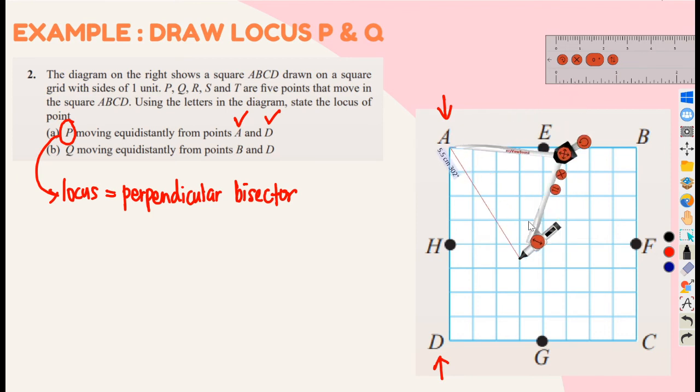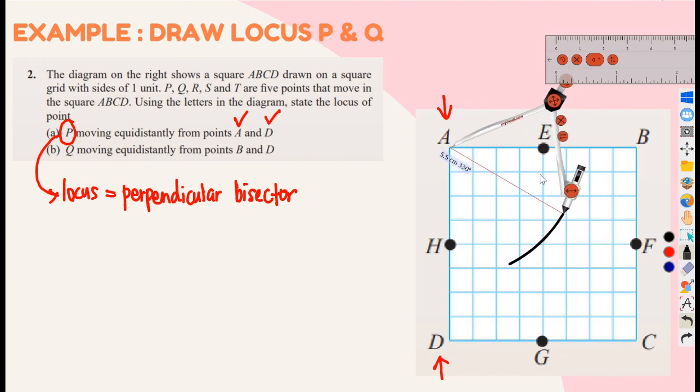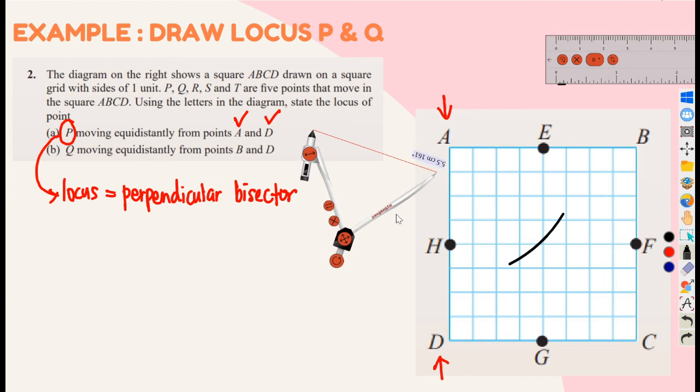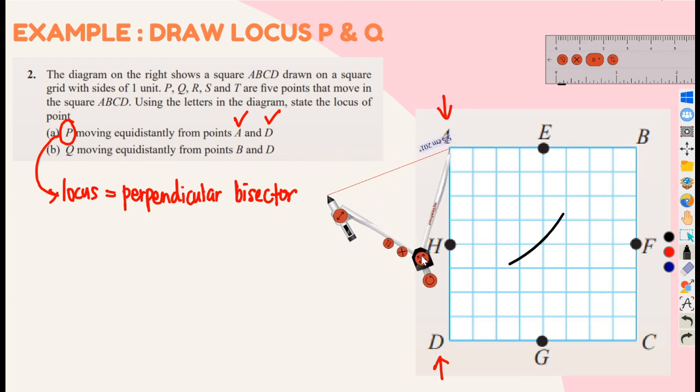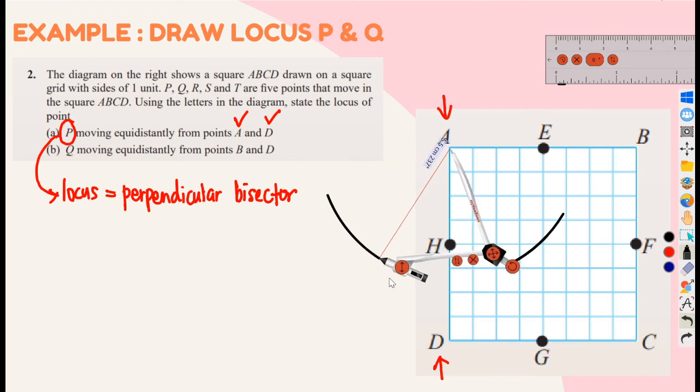One here, another one here, and another one here. This is point E.